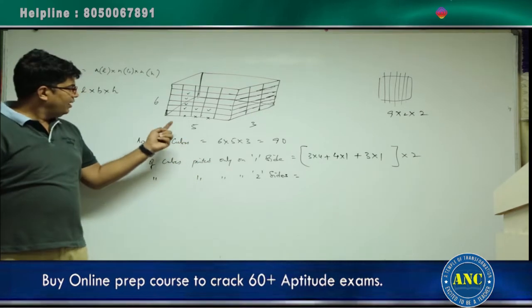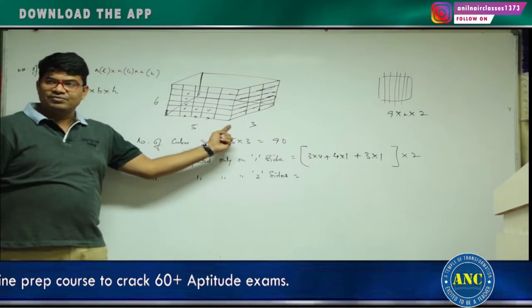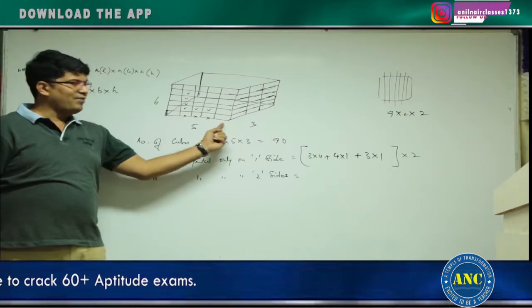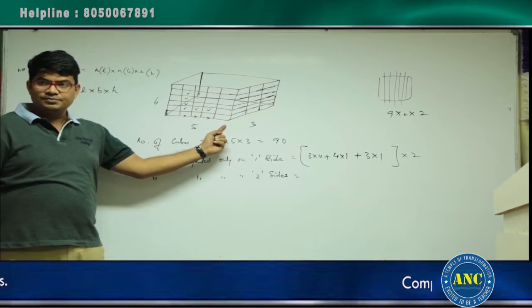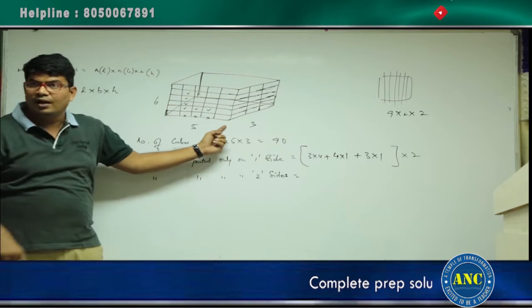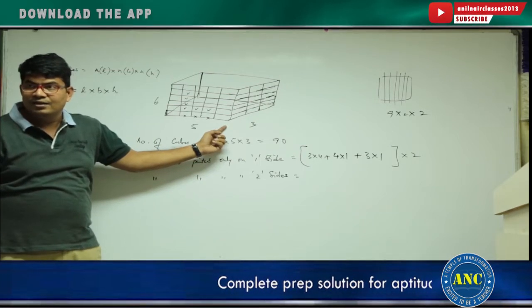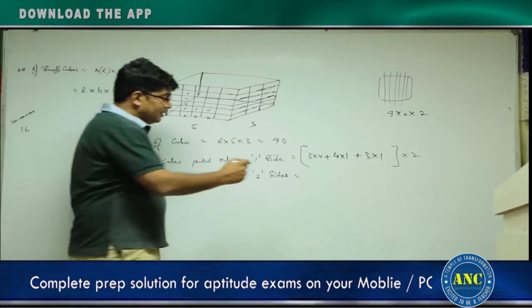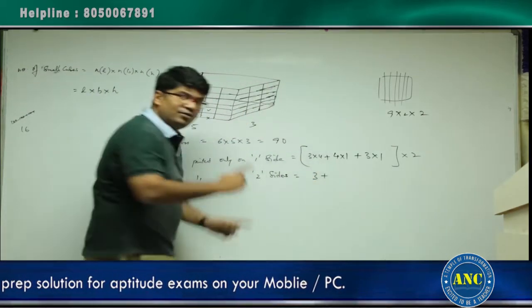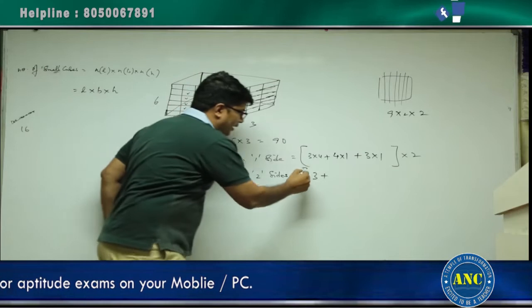So basically, on the length side, how many will you have? Because there are 5, how many such cubes will you have? 3. There's no multiplication here, it's only 3. So 3 on the length side, we'll multiply with 4, don't worry.